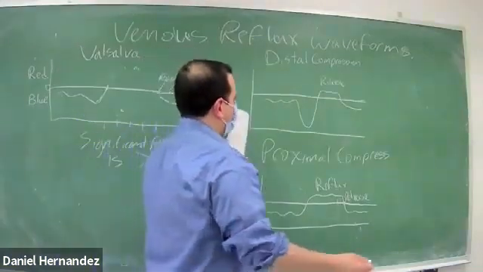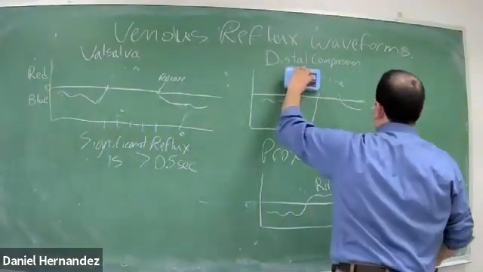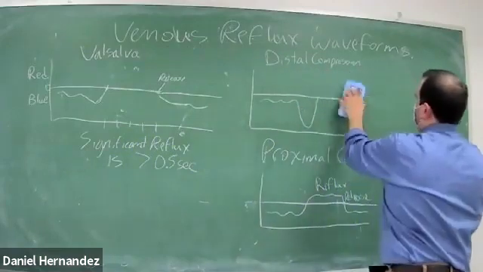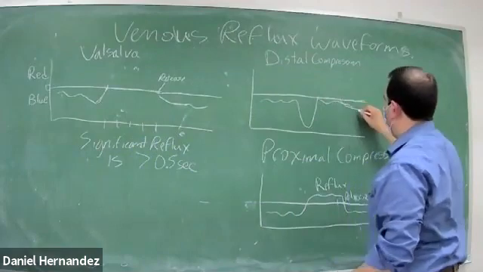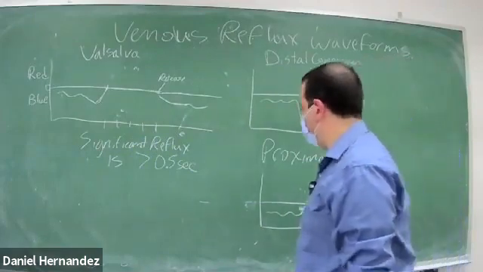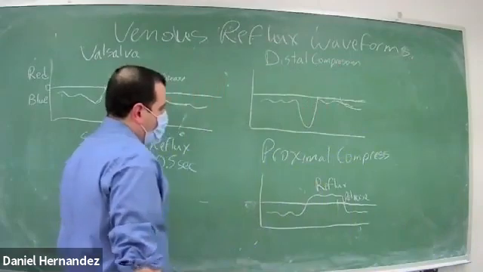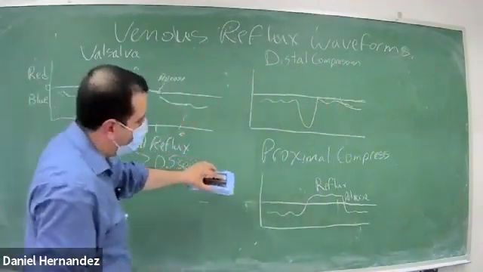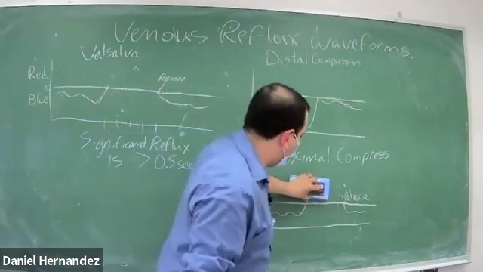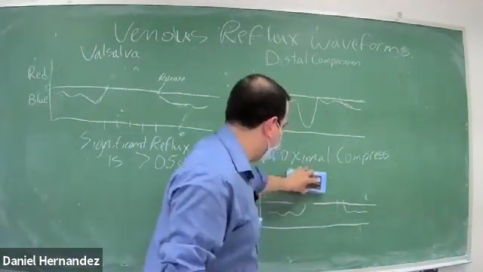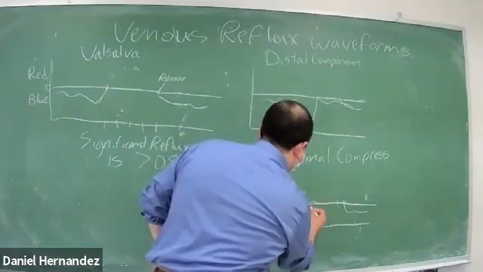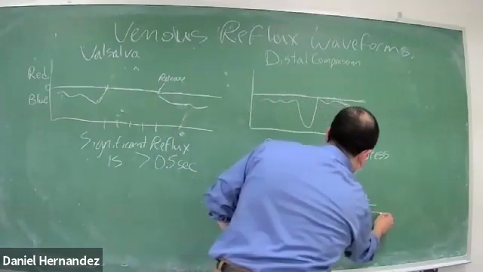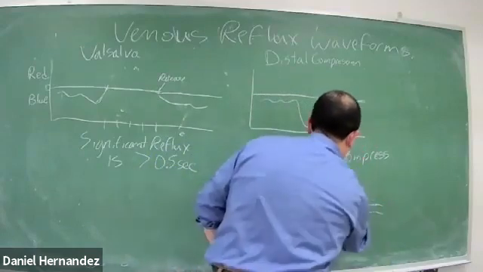With distal compression, if it was normal upon release, we don't get that flow reversal. It would just be a normal return back to venous flow. And similar to Valsalva with proximal compression, if it was a normal study, when we compress the vessel, we'd have cessation or stoppage of the venous blood flow, and then a return back to normal venous blood flow upon release.